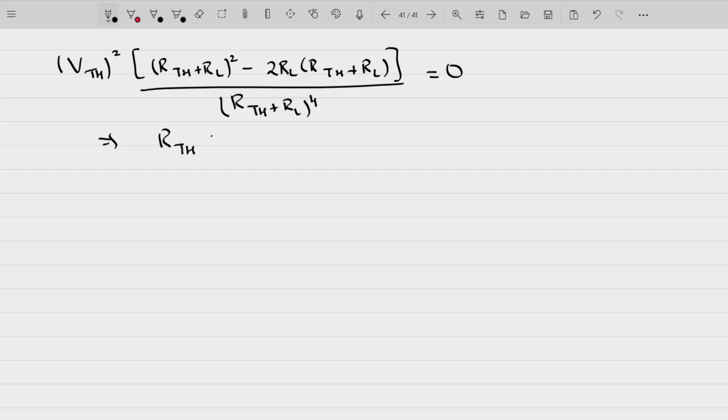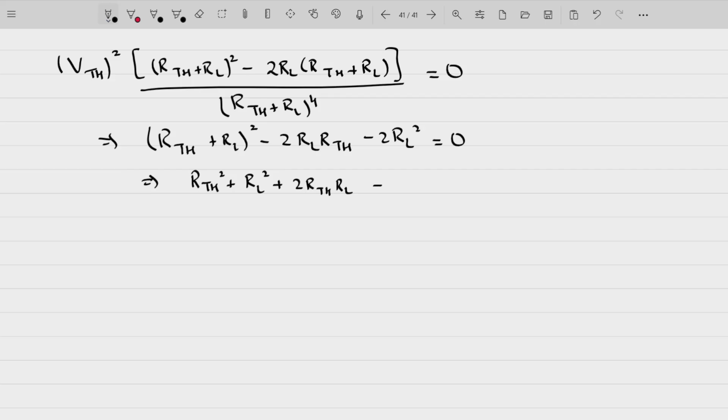So we are left with RTH plus RL square minus 2RL RTH minus 2RL square equal to 0, which implies RTH square plus RL square plus 2RTH RL minus 2RTH RL minus 2RL square equal to 0.